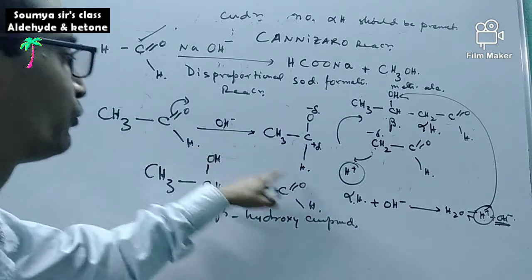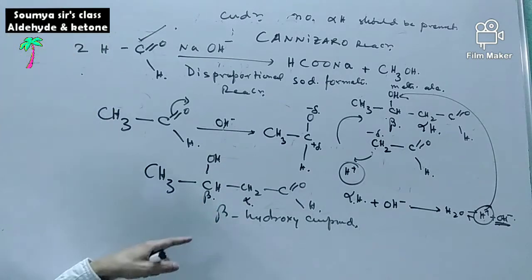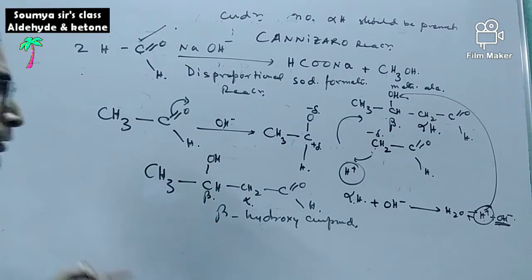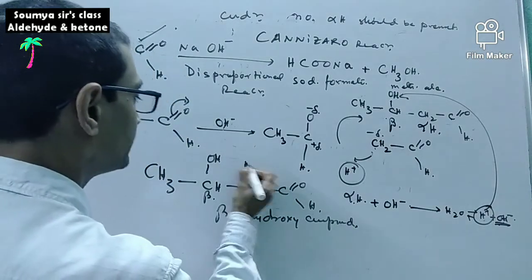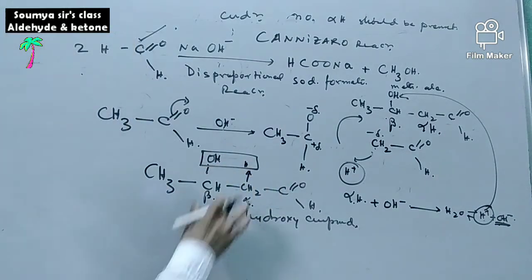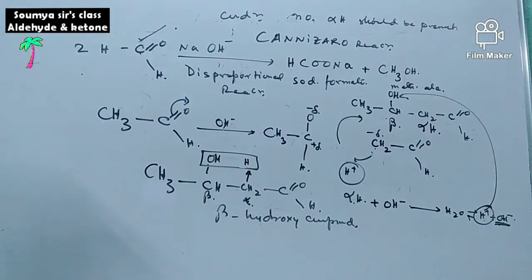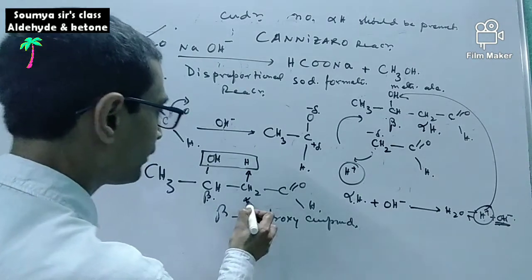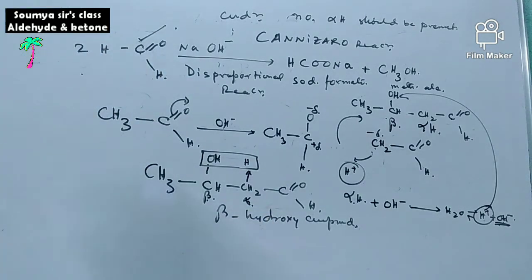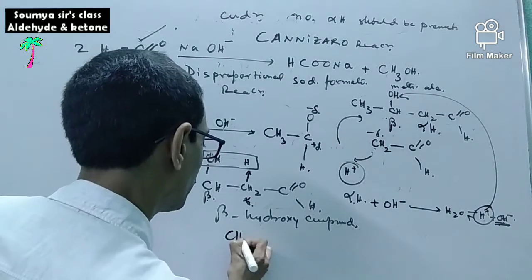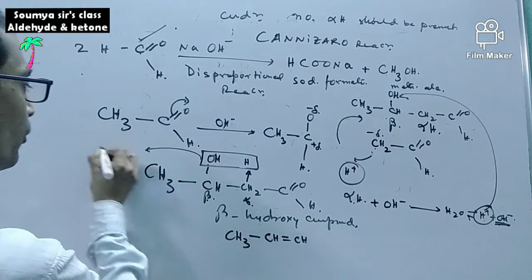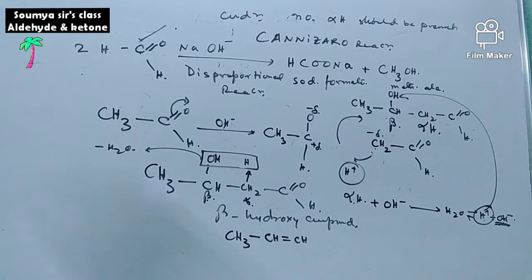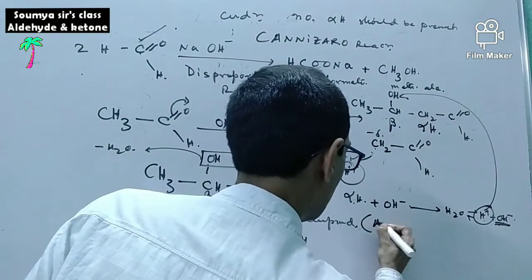This beta hydroxy compound is very much unstable and ready to shed one water molecule. That is, it is very prone to dehydration, and as a result, taking one alpha H, it leaves one water molecule. As a result, between the beta and alpha carbon there is a double bond. Unsaturation takes place and forms CH3CH=CHCHO. So the beta hydroxy compound is not the final product of the aldol, but it is called aldol.